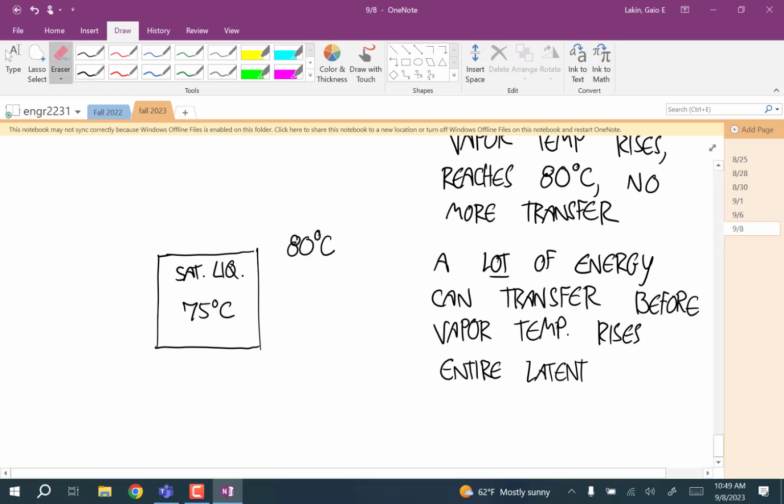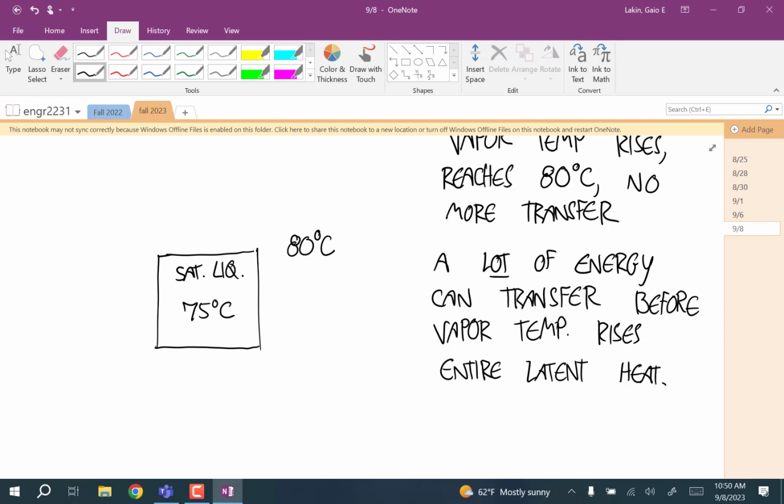There's also latent heat between a solid and a liquid, but it's tiny compared to the latent heat between a liquid and a vapor. It's a ton of energy that you have to put into a liquid to turn it into a gas.